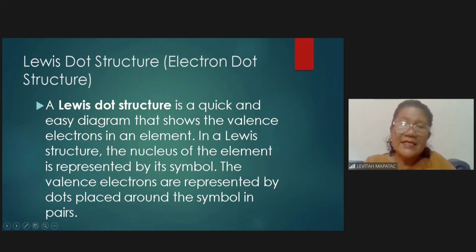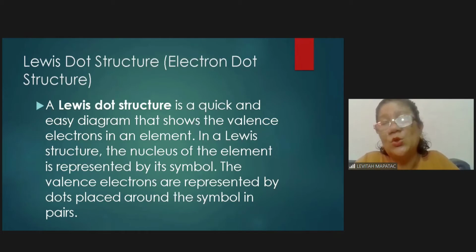The valence electrons are represented by dots. What is a valence electron? These are the electrons in the outermost shell. In order for this to form a compound, it needs to conform with the octet rule, meaning eight electrons.